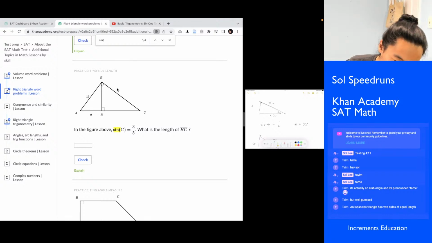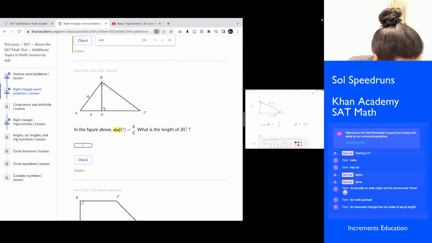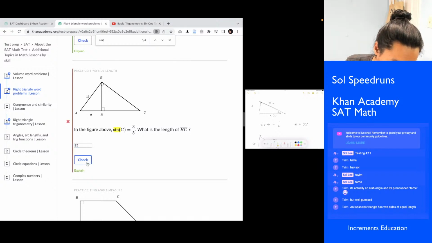Oh no, there's some theorem that says that if this is 3, 4, 5, then this is also 3, 4, 5. So it's just 5/3 of this. So divide that by 3, which is 5, and then 25. I don't know how I know that though. Oh, am I wrong? 3, 4, 5. Sorry, that's 4. So that's 20.